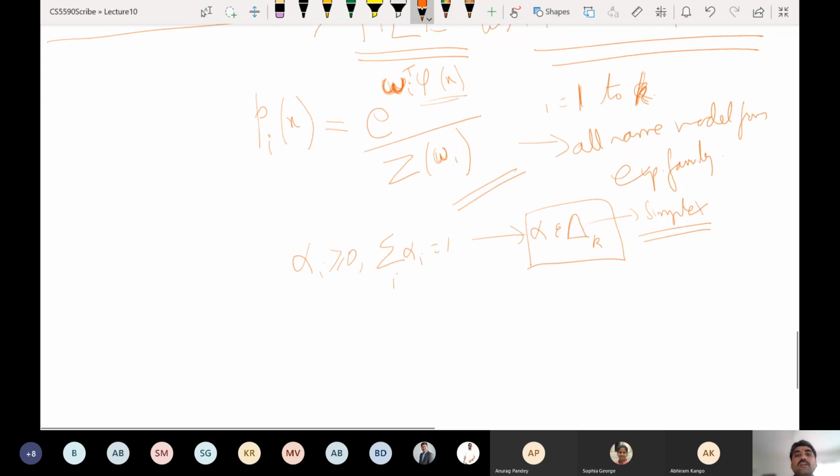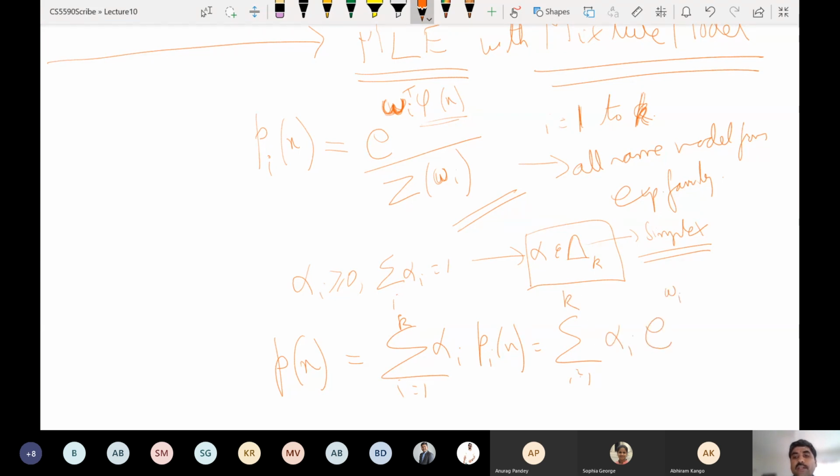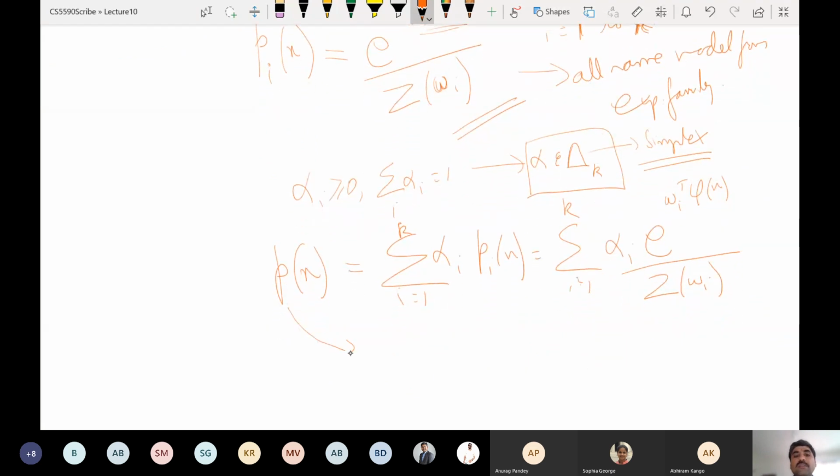Now the mixture model is a mix of these components using the mixing coefficients alpha i: p of x equals the sum over i equal to 1 to k of alpha i times e to the power of wi transpose phi of x by zwi. So what are the parameters for the mixture model?